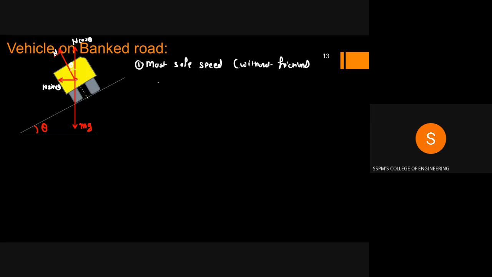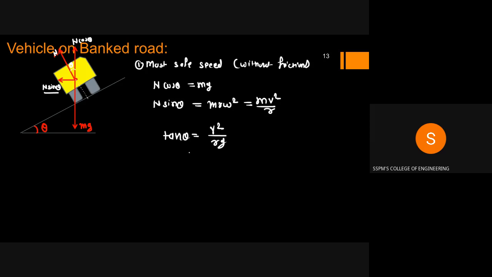So in this condition, n cos theta is balanced by the self weight mg, and n sin theta is balanced by the centrifugal force, which is m r omega square, or mv square upon r. So finally we get the equation tan theta equal to v square upon rg. So from this we get the angle of banking for the safe speed.